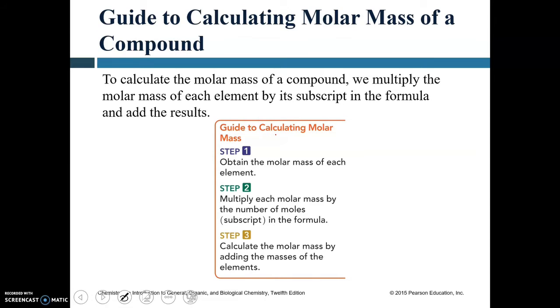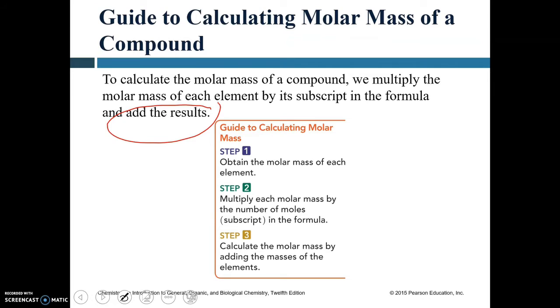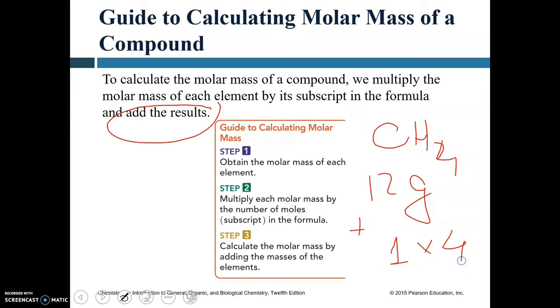And then we add the results of such multiplication. For example, if you want to calculate the molar mass of methane, you need to take the molar mass of carbon, 12 grams, and add the molar mass of hydrogen, which is 1, multiplied by 4.